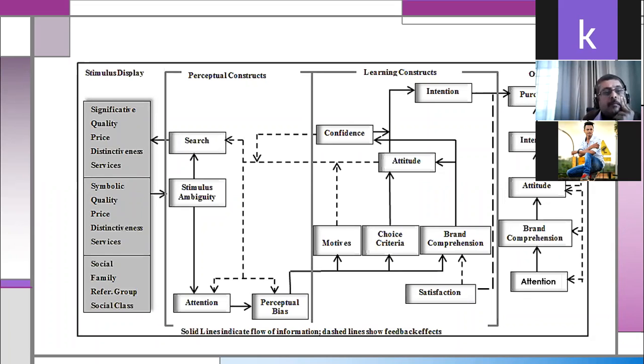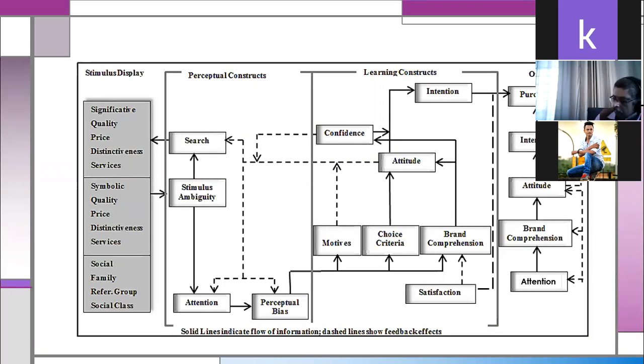And symbolic are the efforts taken by the marketer itself, what the marketer is trying to convey to the consumer. And the last one is social, which comprises family, reference groups, and social class.